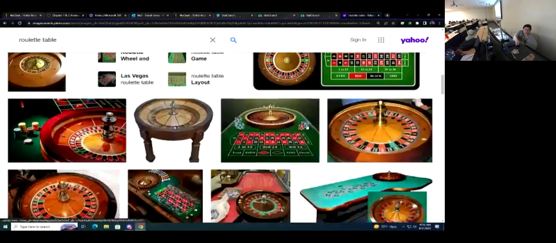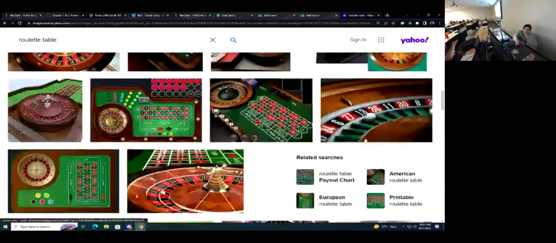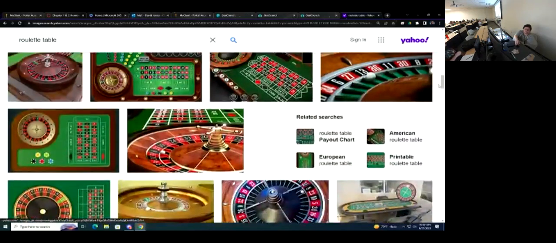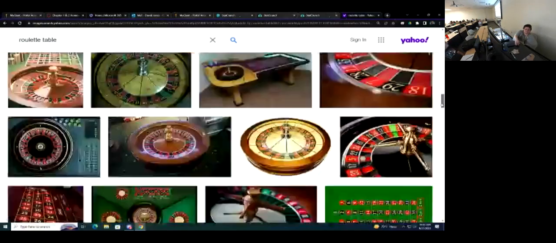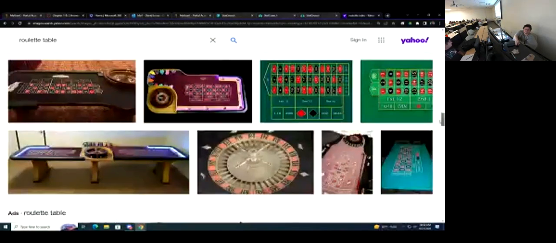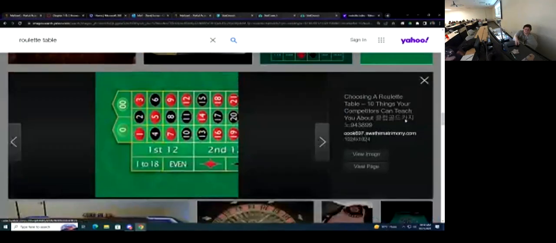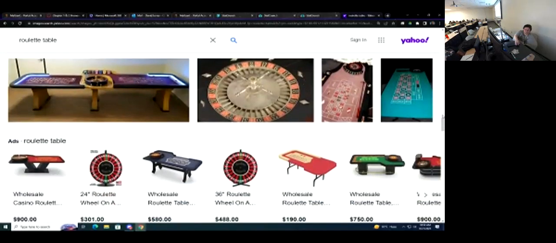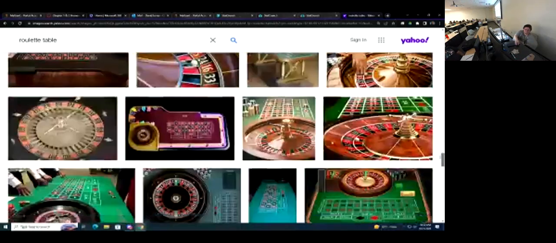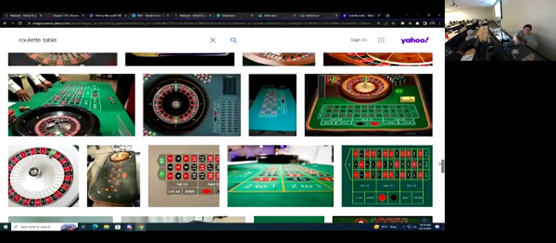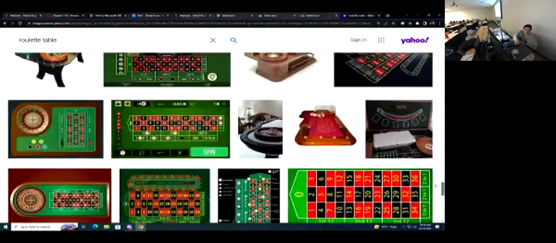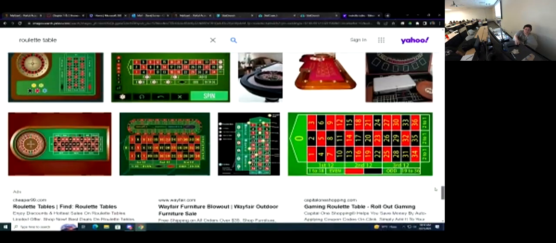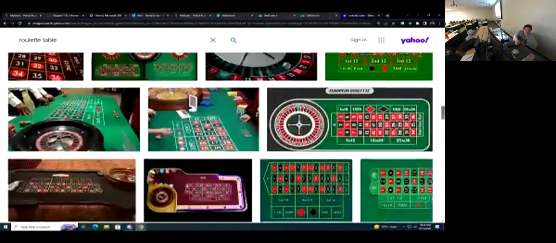Let me find a better view of it. Nope, that's not a better view. Why are there no good views of the double one? There used to be. A lot of single 0 ones.